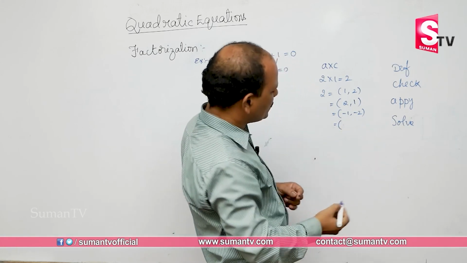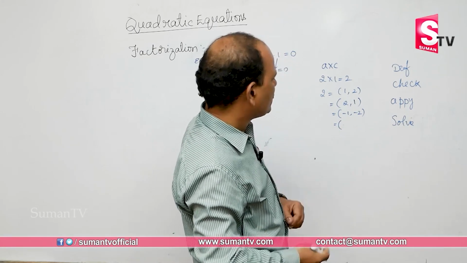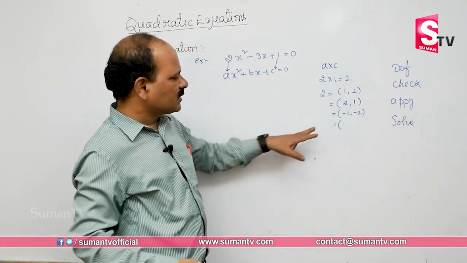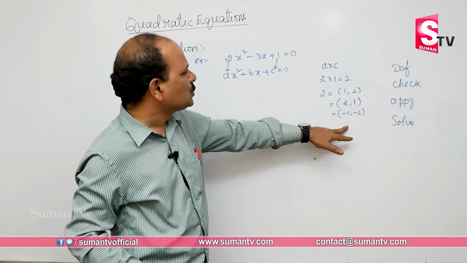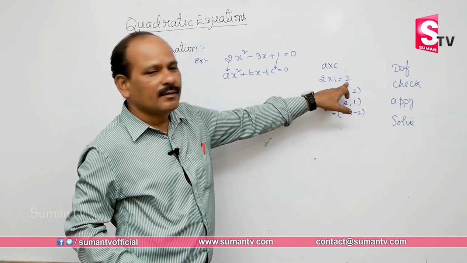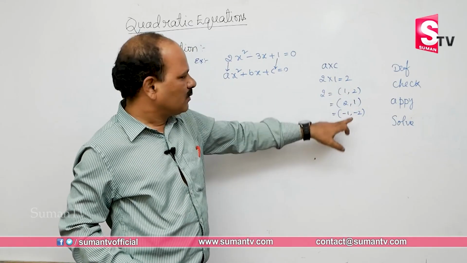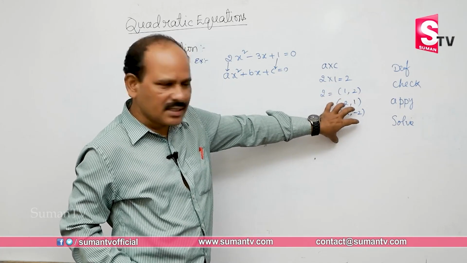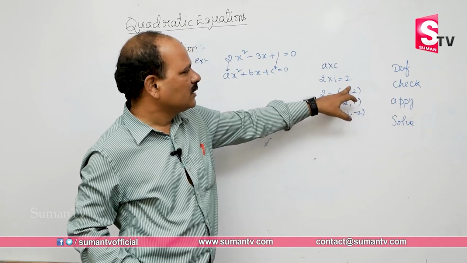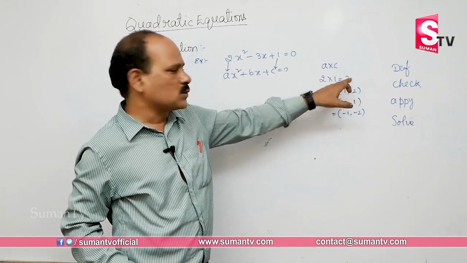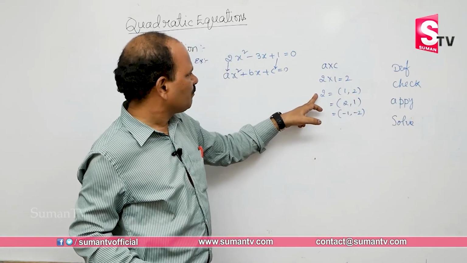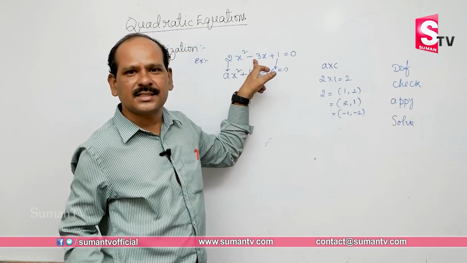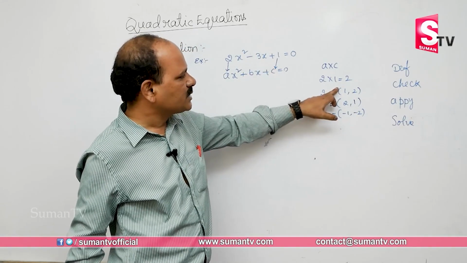These are the factors. Which factors do I have to select that satisfy the 2? Say 1 into 2, but 1 plus 2 is 3, and here minus 3 is there, so it is not suitable.